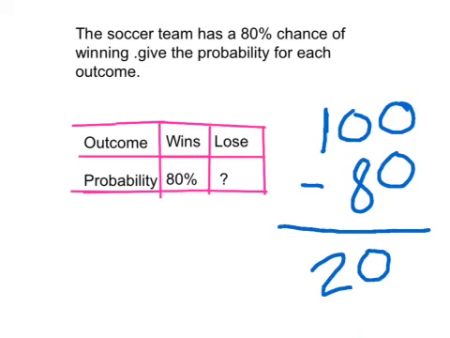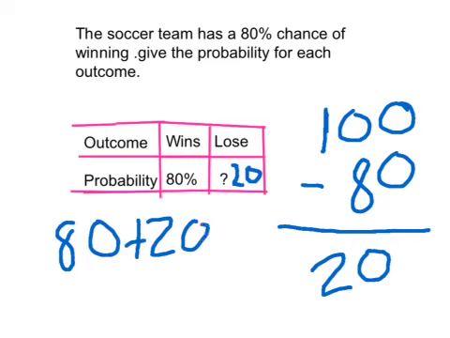So that is how you find your losses. So then it would be 20%. And to check if your answer is right, you would add them together. So you'd do 80 plus 20, which does equal 100, and that is how you know you are right.